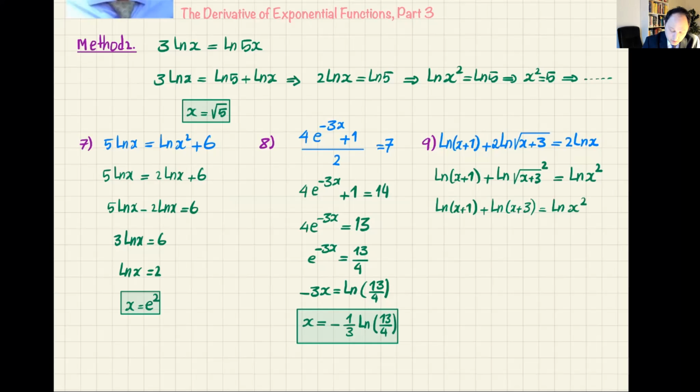But the left-hand side can be collected as the ln of the product. So it becomes the ln of x plus 1. You don't need to write that extra pair of brackets. So I just write ln of x plus 1 times x plus 3. On the right-hand side, I will have ln of x squared.